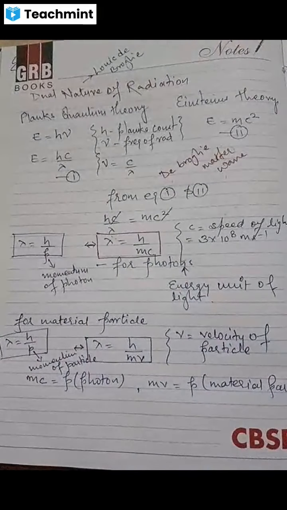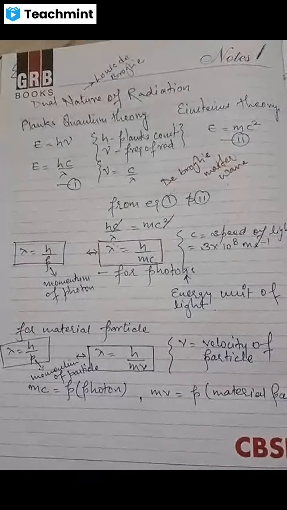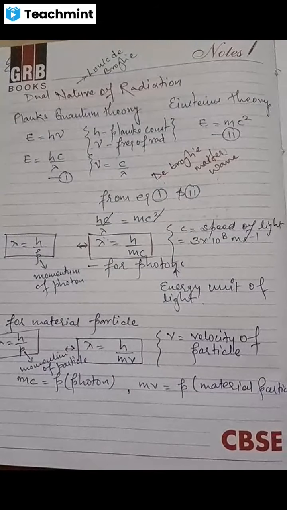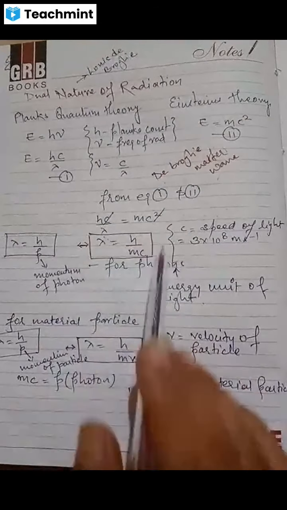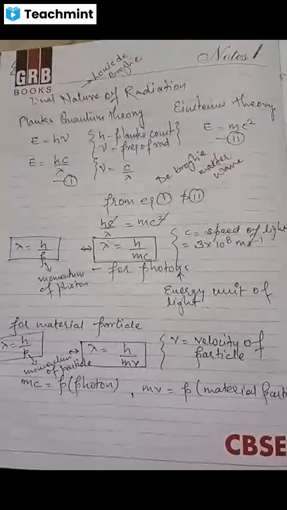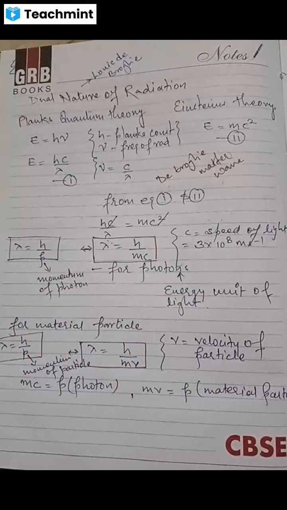So the question can be asked in different forms, but ultimately you will have to reach only one point. That is to derive this particular thing for the light in the form of photons and for the material particle. So you'll be getting this type of expression, which you'll have to write in your board examination if it is asked.